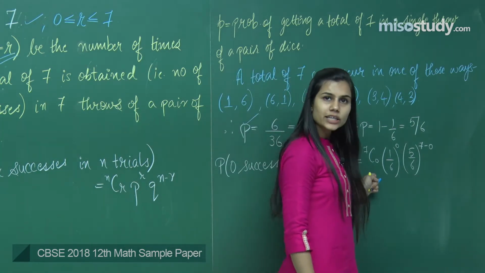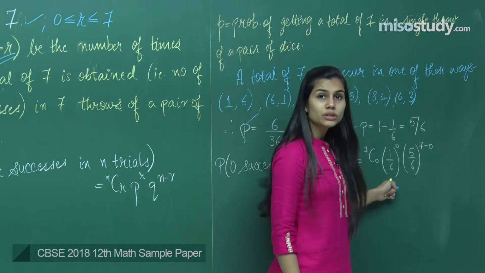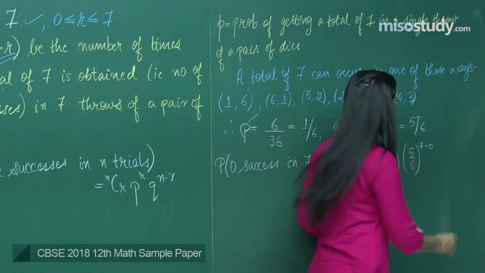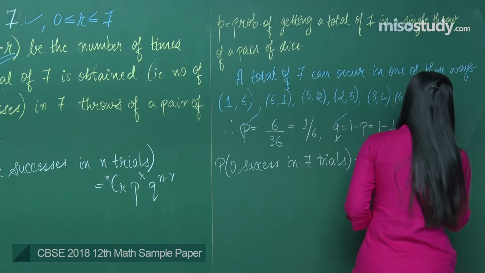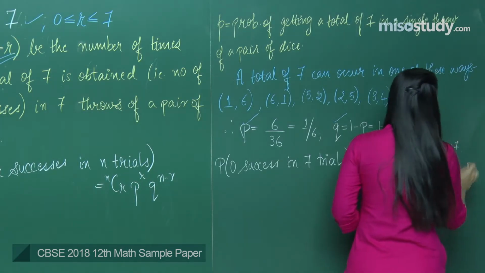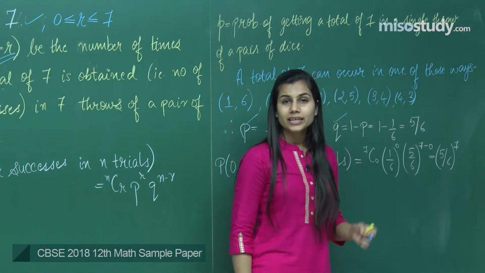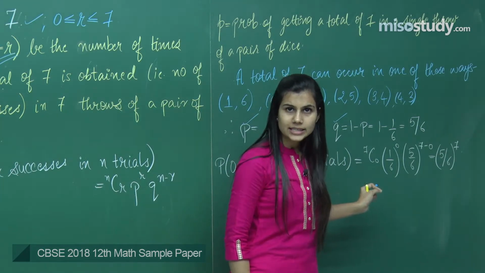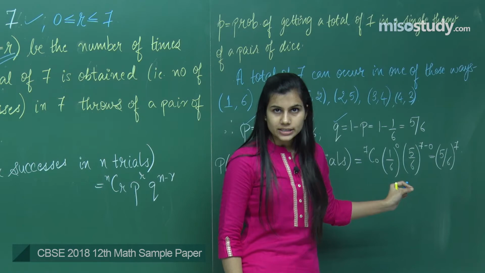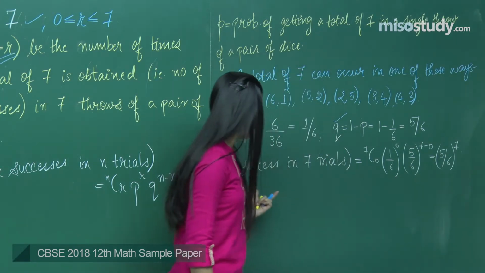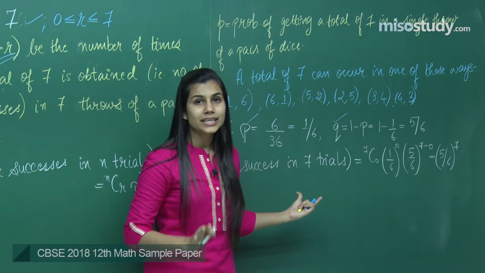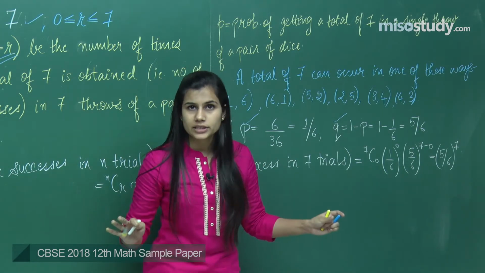So, 7c0 is 1. 1 by 6 to the power 0 is again 1. You have 5 by 6 to the power 7. This is the probability of attaining 0 successes in 7 trials. That means this is the probability which tells you that in your 7 throws of a pair of dice, you are going to attain a total of 7 none of the times.